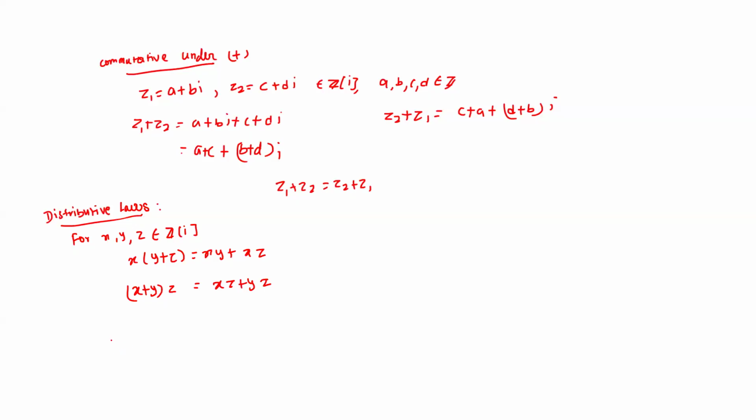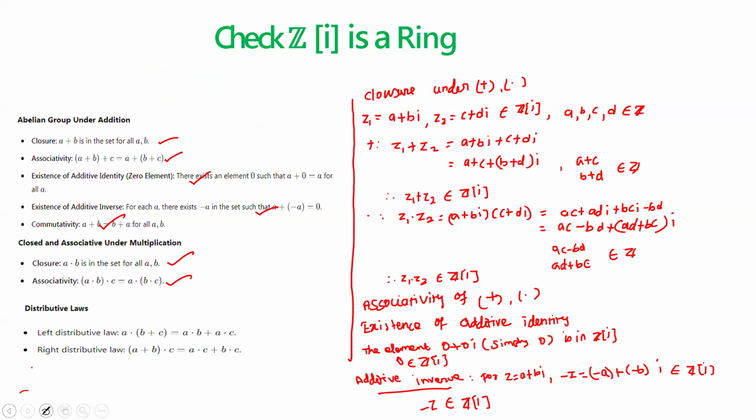This follows from integer multiplication and distributive laws. Therefore, Z[i] satisfies the distributive laws. These two are also over. So Z[i] satisfies all the axioms of rings. Therefore, we can say that Z[i] is a ring.